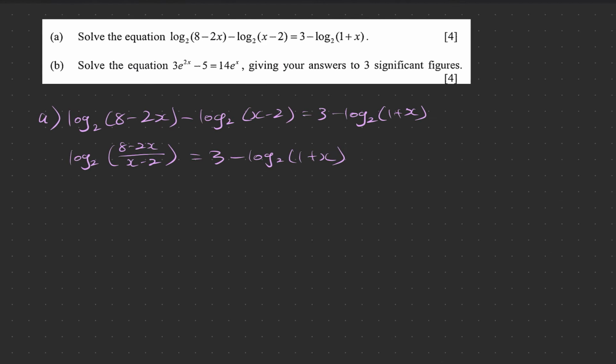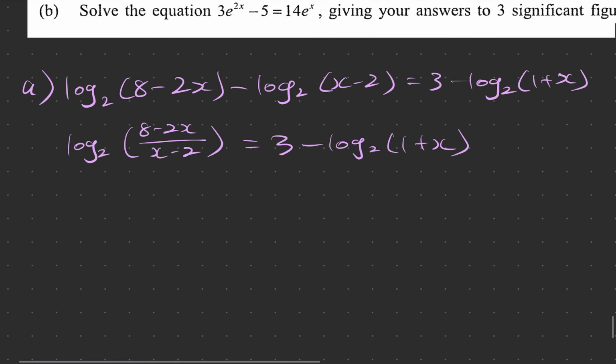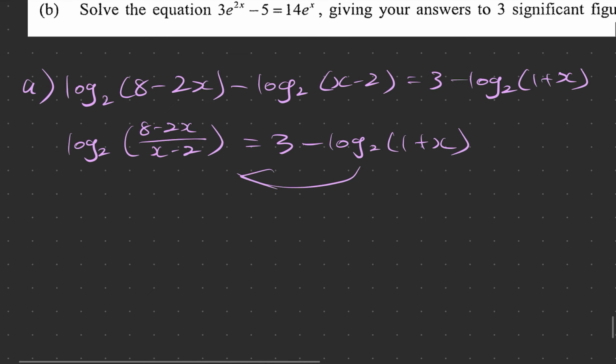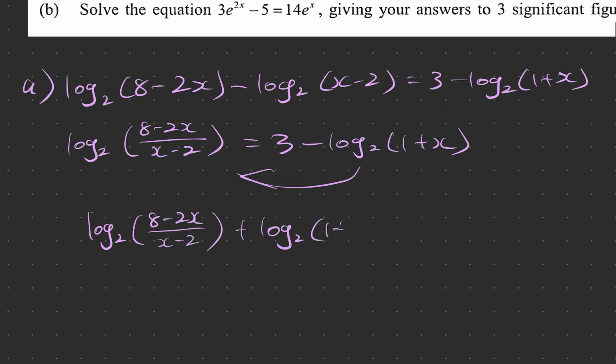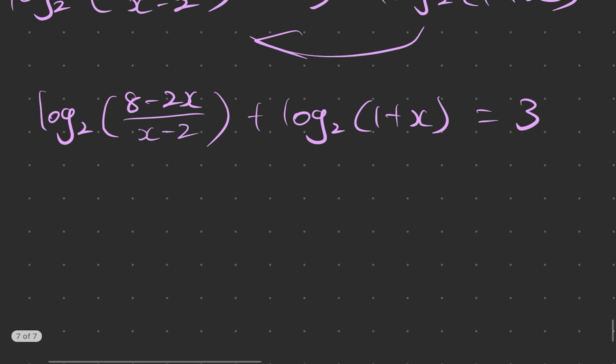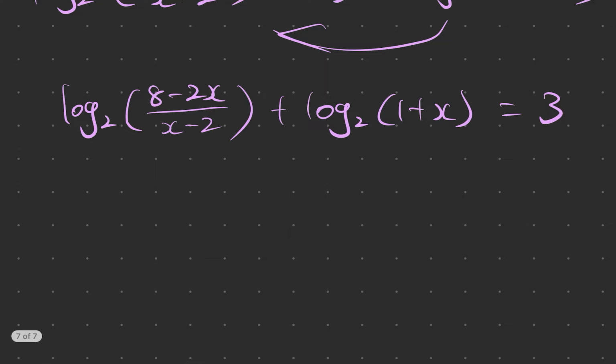Okay, after this I'm going to add this value over. So log base 2 of (8 minus 2x) over (x minus 2) plus log base 2 of (1 plus x) equals 3. Then I can use the product law to combine these logs together now.